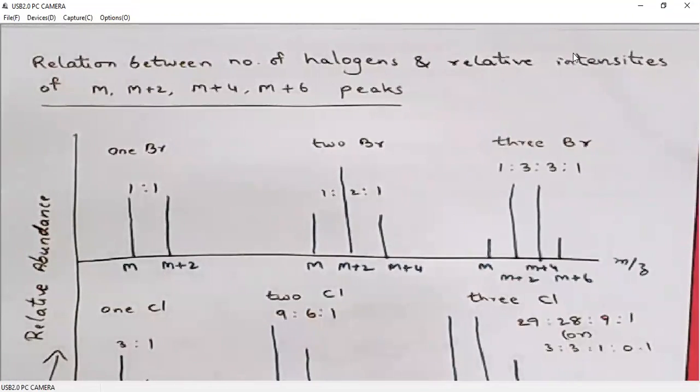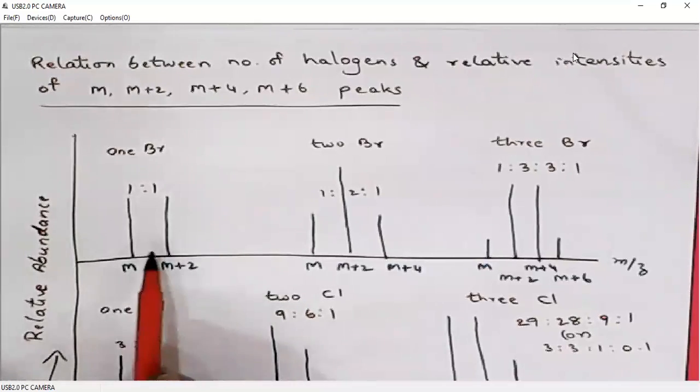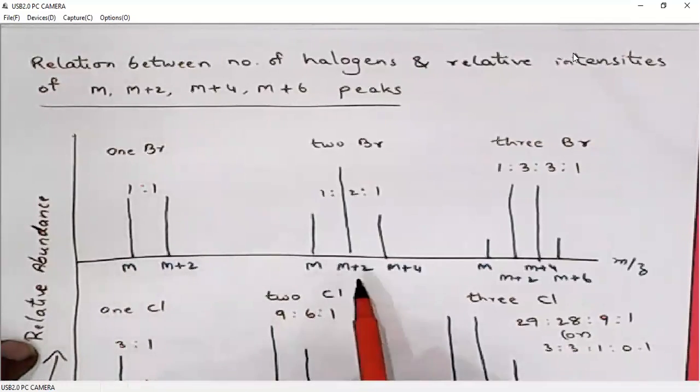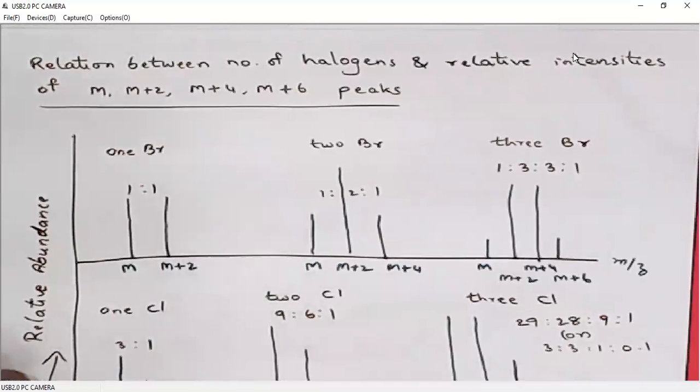Chlorine isotopes differ by 2, bromine isotopes differ by 2. So we can easily identify the number of halogens present in the molecule by looking at the ratio of intensities of M plus 2, M plus 4, or something like this. Now, please remember these values.